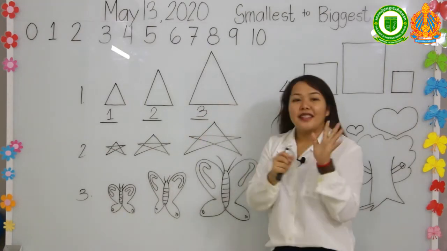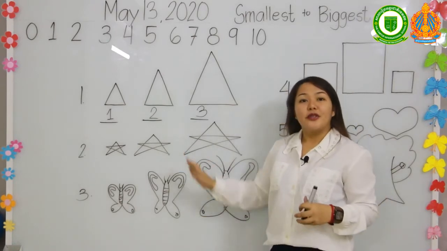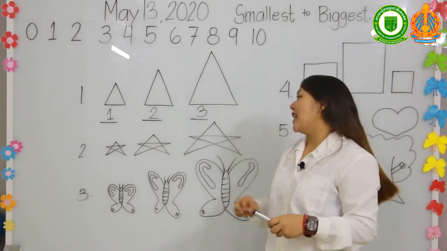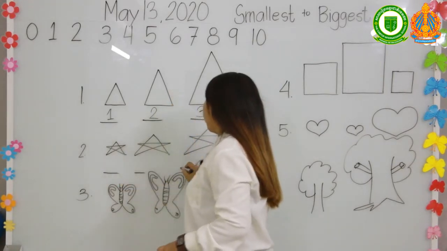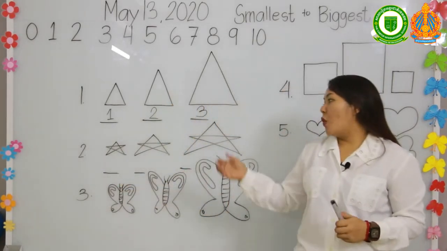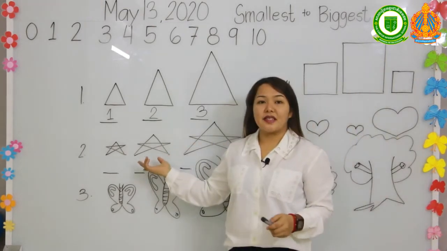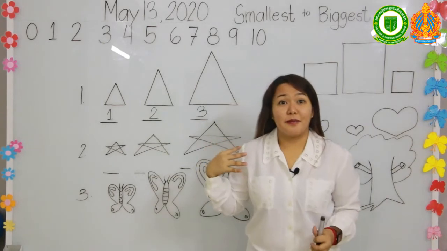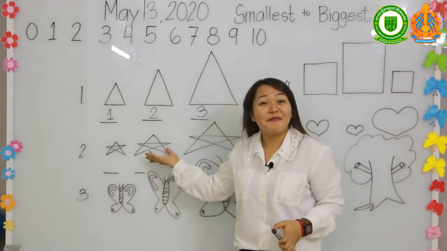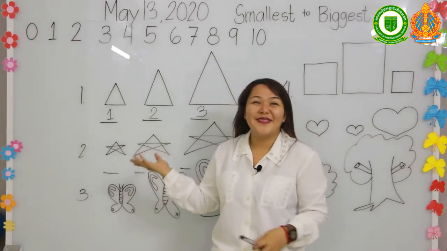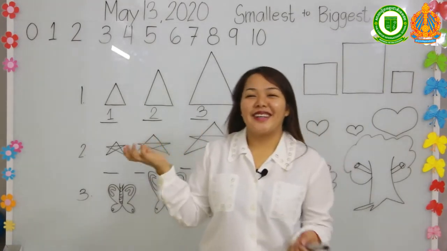I hope you can follow. I still have 2 more exercises here, so let's answer them together. What shape is this? This is a star.